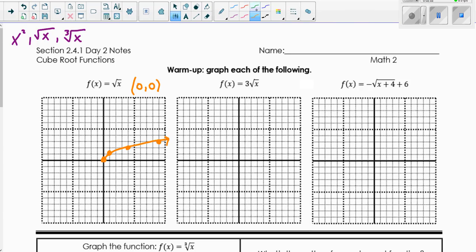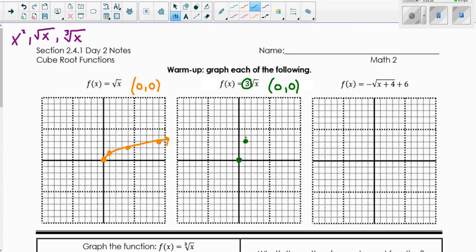Okay. Next one. There's nothing under the radical, so 0 left or right. There's nothing outside, so again, 0. So I'm still at my origin. The difference with this one is the 3. So I'm going to perform the square root and triple my answer. Okay, so right 1, the square root of that is 1, times 3 moves me up 3.